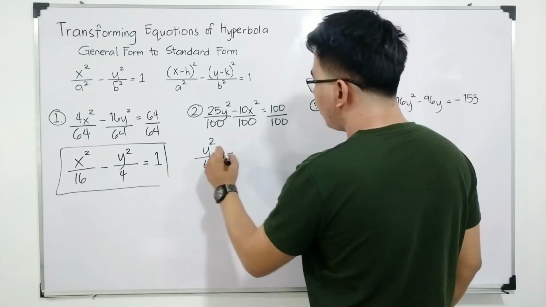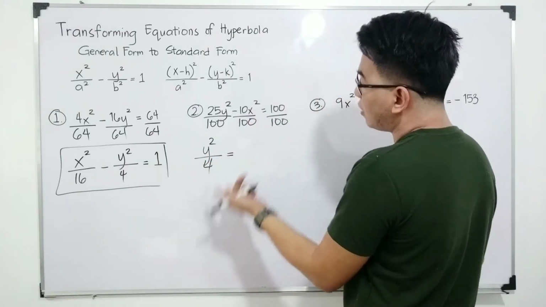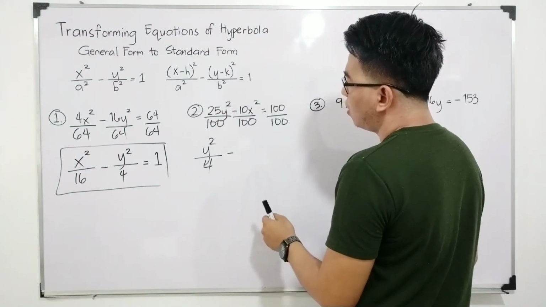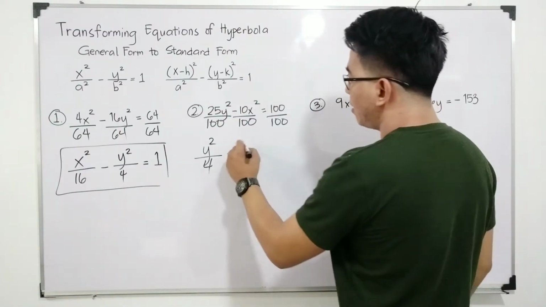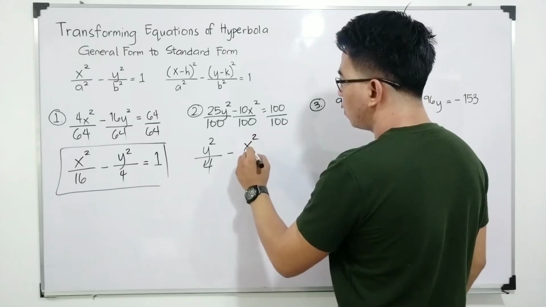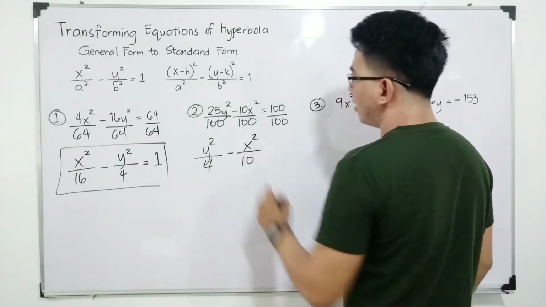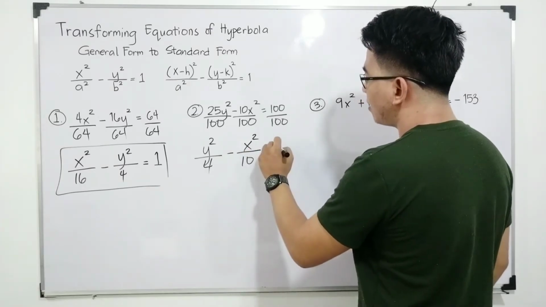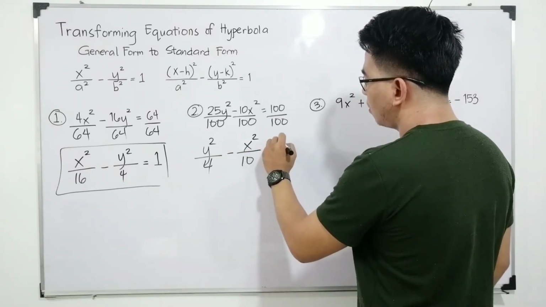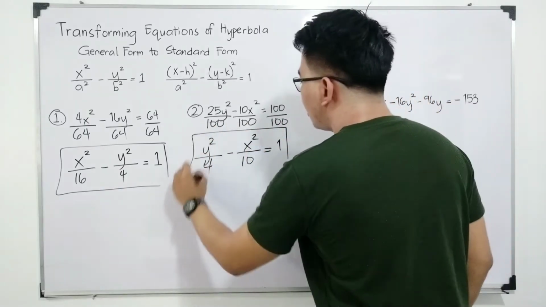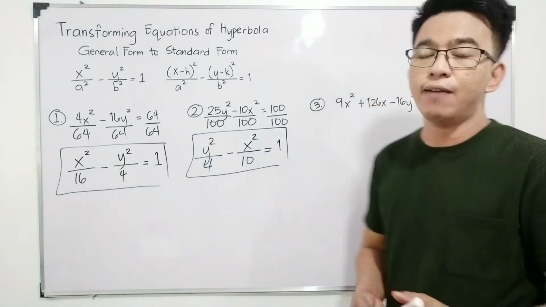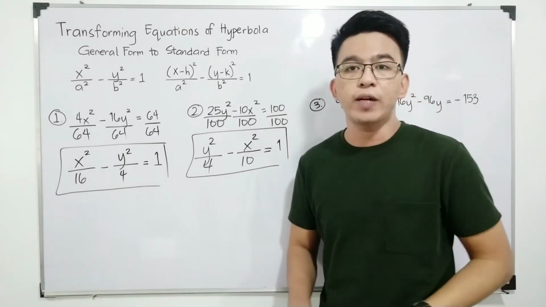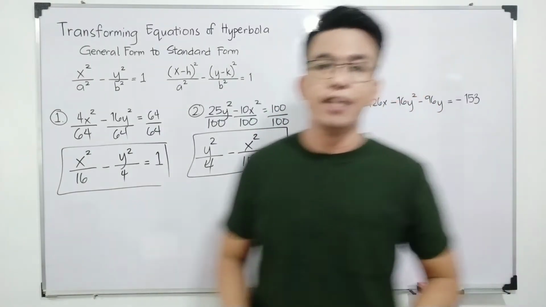And for the second term, our 10 over 100 is equal to 1 over 10. So that is x squared over 10. Sir, how about the other one? Our 100 over 100 is the same as 1. So this is now the standard form of the given equation 25y squared minus 10x squared is equal to 100.